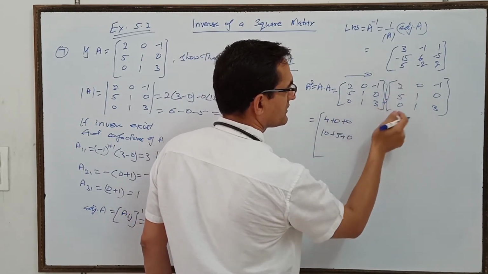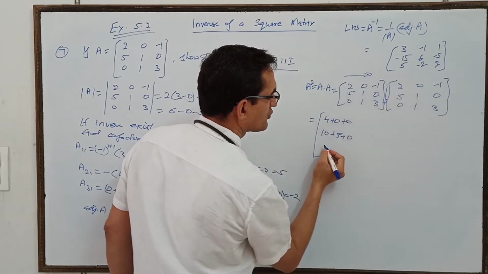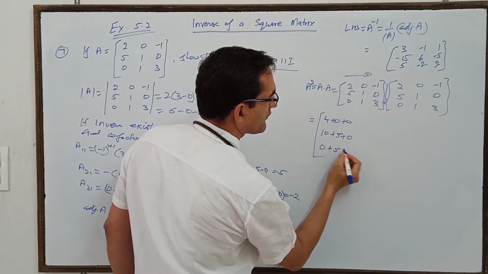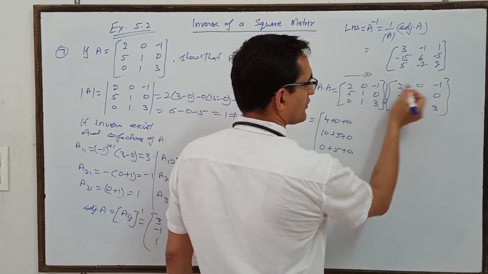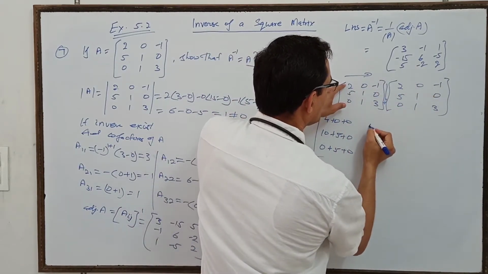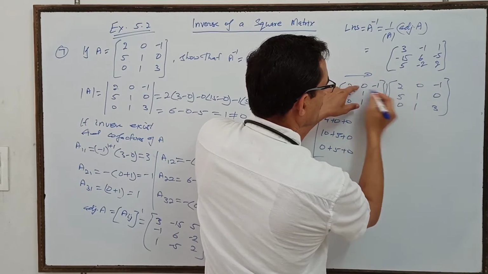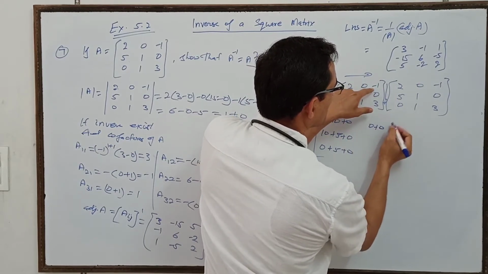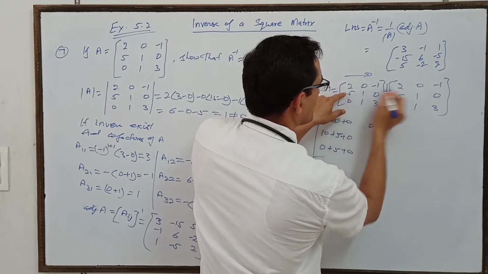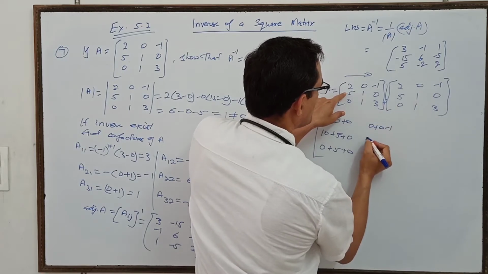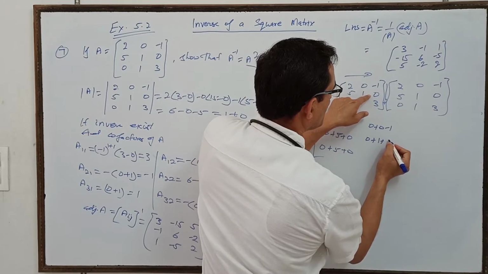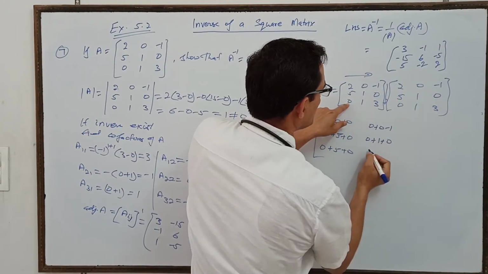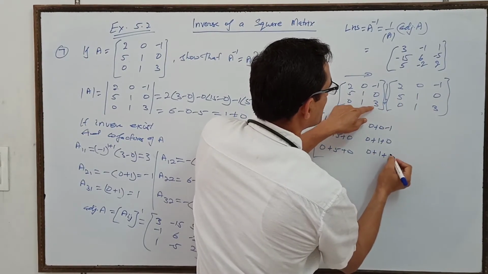Next this row by this column: 0 into 2 is 0, plus 5, plus 0. Next, this row and this column: 2 into 0 is 0, 0 into 1 is 0, minus 1 into 1 is minus 1. So 5 into 0 is 0, plus 1 into 1 is 1, plus 0 into 1 is 0. Next 0 into 0 is 0, plus 1, plus 3.